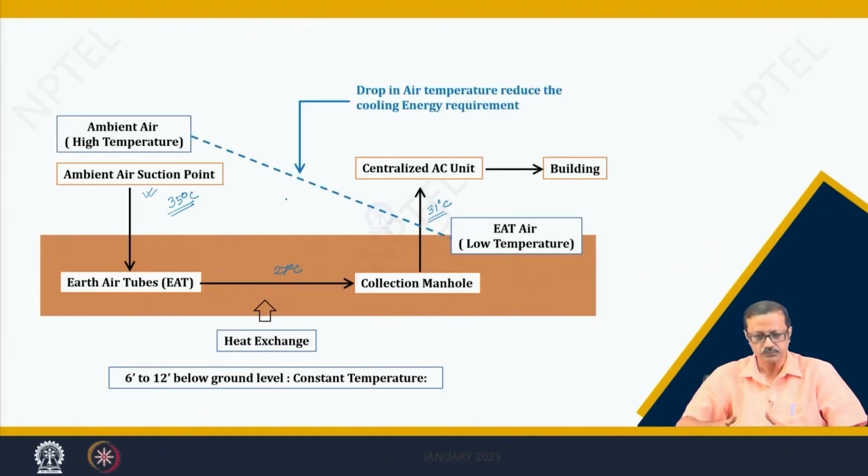So, this is the temperature gradient. Ambient air temperature will be high, and there is a drop in the air temperature due to the cooling effect of the earth air or the geothermal condition, and the EAT, that is earth air tube air, will be at low temperature, and I can use that.